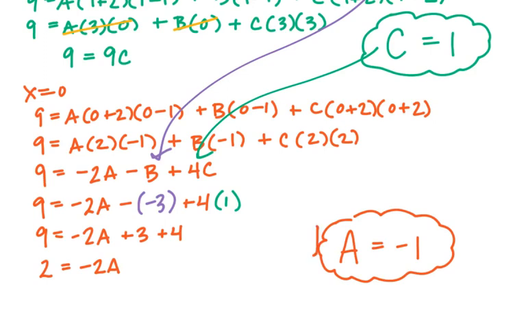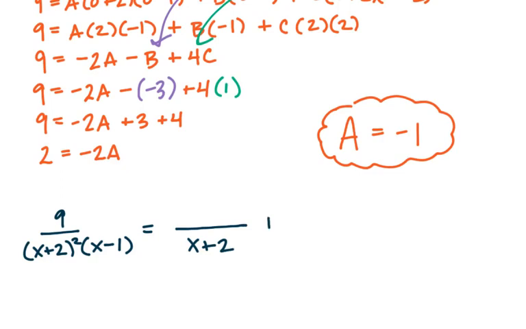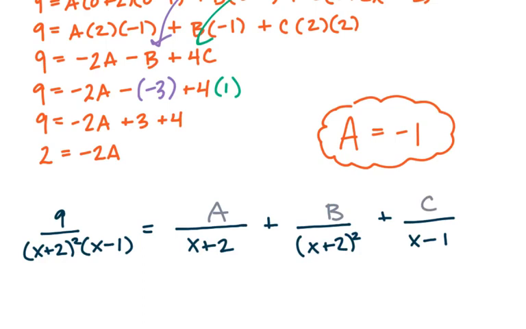So the fraction that I initially had, 9 over (x plus 2) squared times (x minus 1), is now equal to my A value over x plus 2, plus my B value over (x plus 2) squared, plus my C value over x minus 1. So my A, B, and C values are going to plug in here.